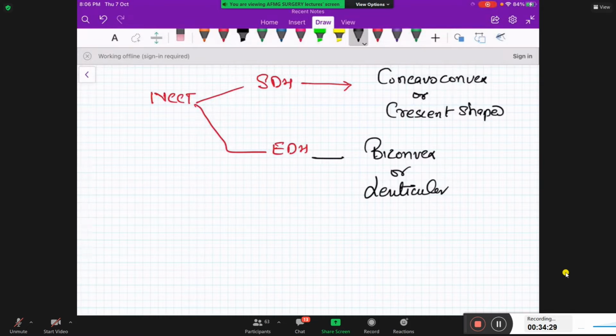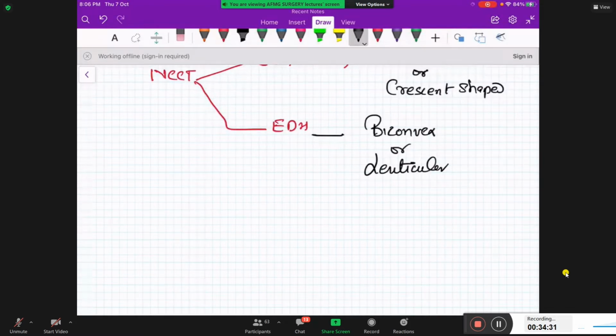Okay. Now, whenever a patient of head injury comes to us, you can appreciate that you have to do non-contrast CT to find out what type of injury is inside. Got it? Now, not only do you have to do a non-contrast CT, you are also supposed to grade the injury in the head.